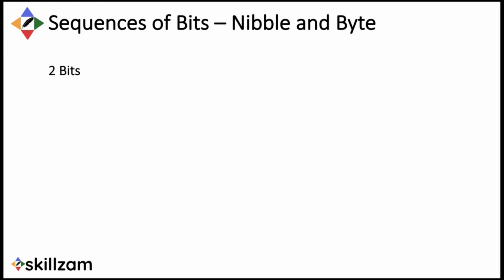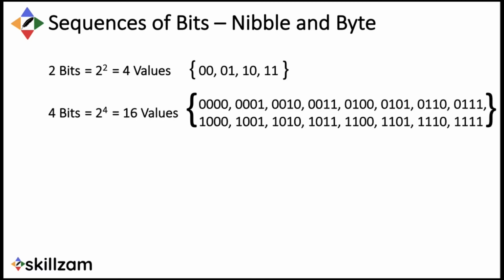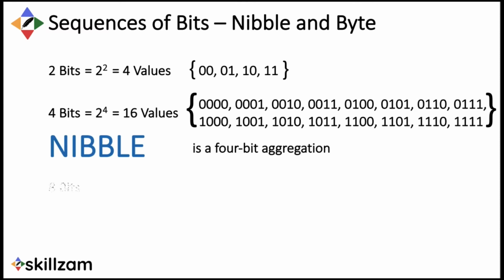A sequence of 2 bits can represent 4 distinct values such as 00, 01, 10, 11. A sequence of 4 bits can represent 16 different values. 4 bits form a nibble. A sequence of 8 bits can represent 256 unique values. 8 bits is equal to 1 byte.